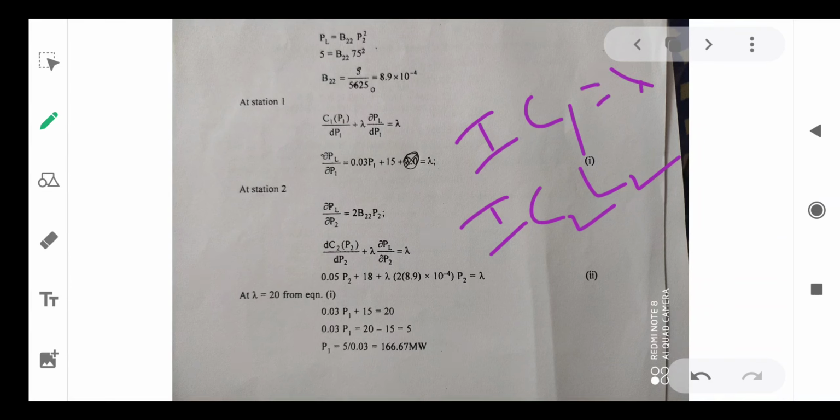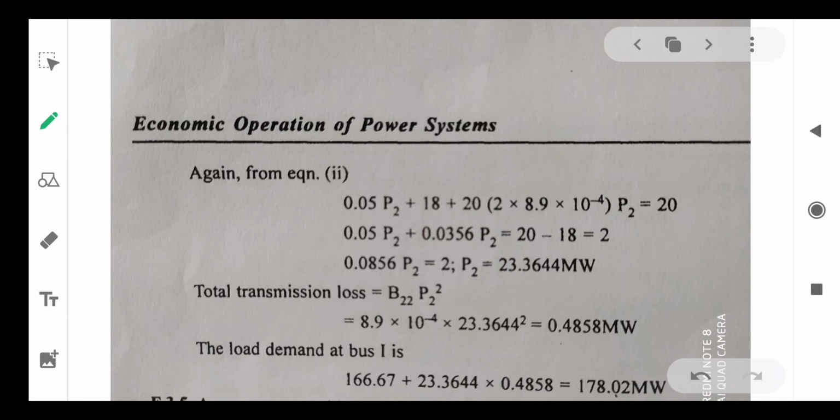Both are equal to lambda. By using these two equations, you can solve, and at lambda is equal to 20, you can obtain P1 is equal to 166.67 megawatts. And P2 is 23.36 megawatts.